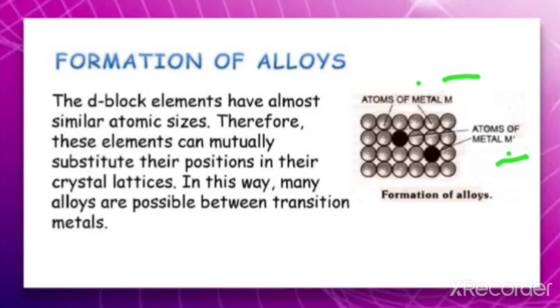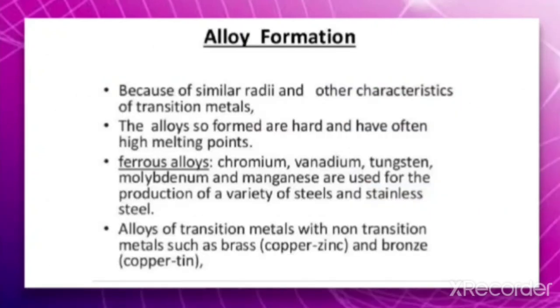So they mutually substitute their positions in the crystal lattice, and you can see both metals in the lattice. This is possible because of their almost similar sizes, and it results in the formation of alloys. So alloy formation is because of the similar atomic radii and other characteristics of transition metals.